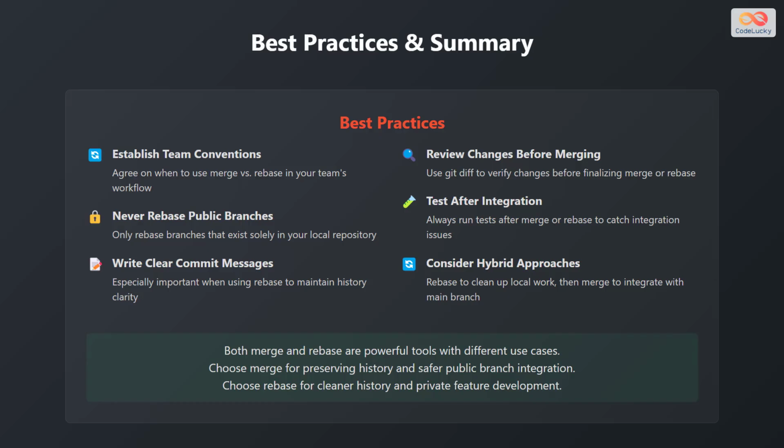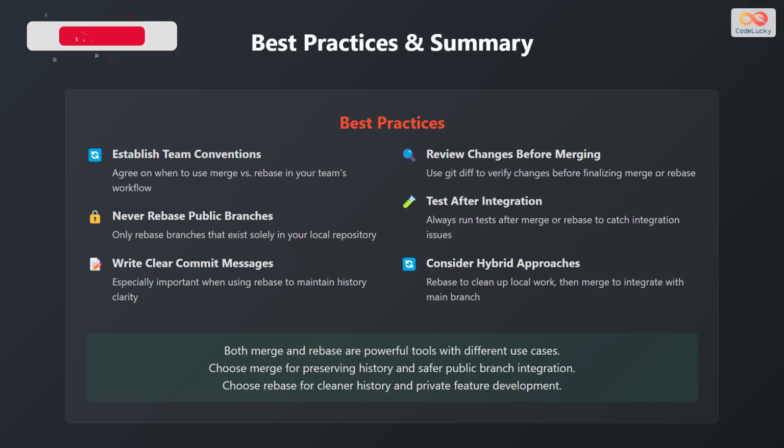To wrap up, let's review some best practices and a summary of Git Merge and Git Rebase. Establish team conventions to agree on when to use Merge versus Rebase in your team's workflow. Never rebase public branches. Only rebase branches that exist solely in your local repository. Write clear commit messages, especially when using Rebase, to maintain history clarity.